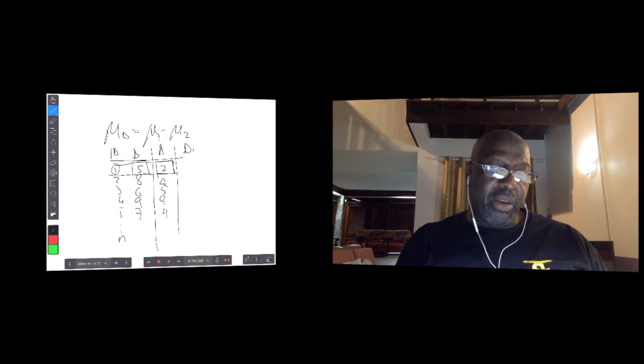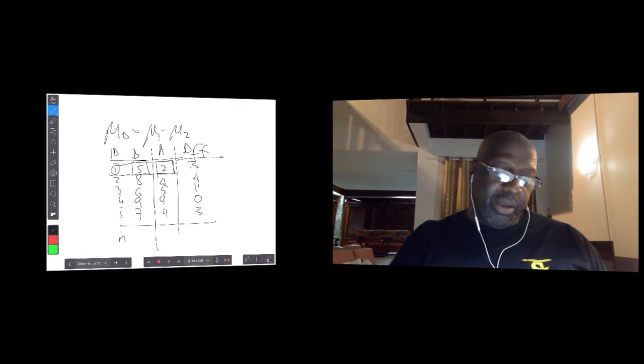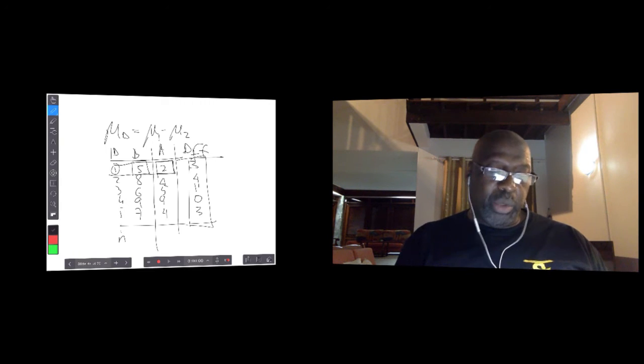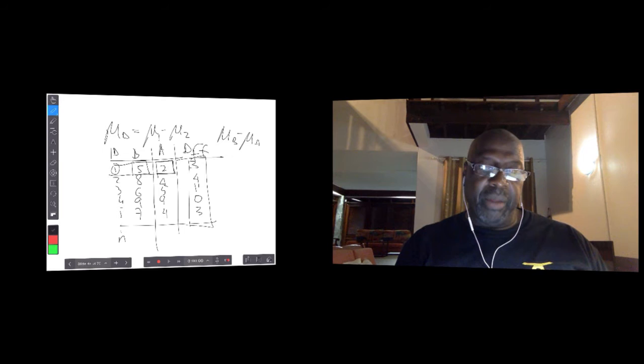So we would create a value which we call difference. So the difference here is 3, the difference here is 4, the difference is 1, the difference is 0, the difference is 3. So clearly those differences estimate for us the difference between the mean before minus the mean after.